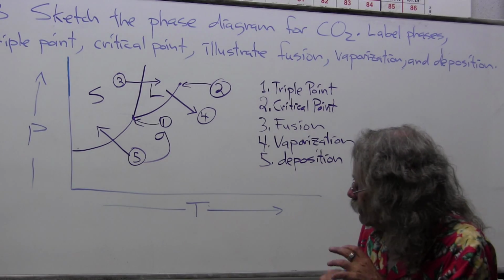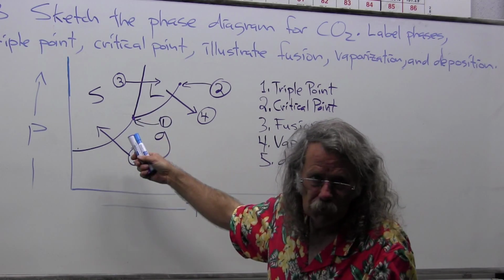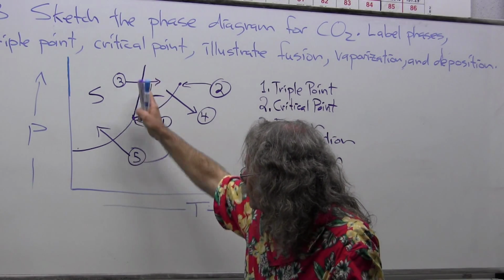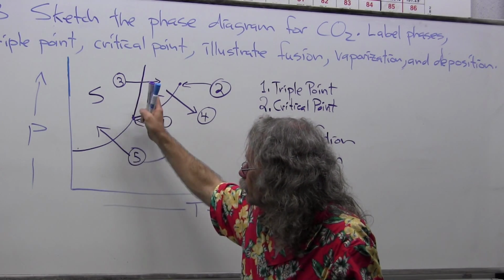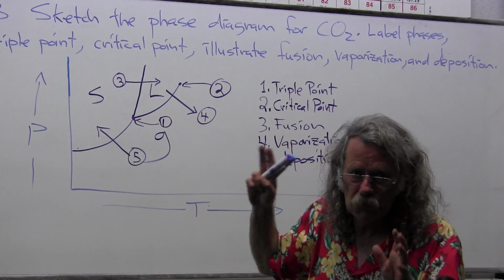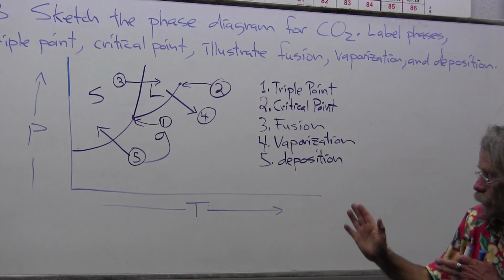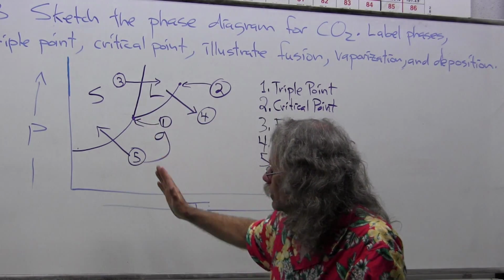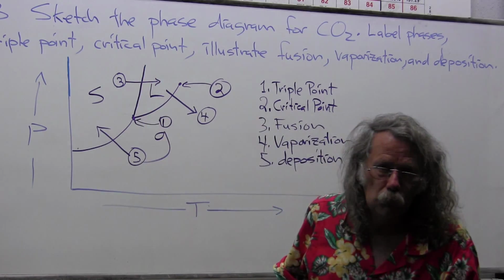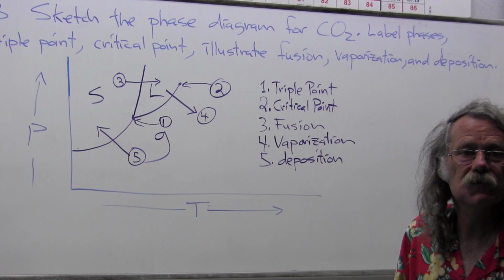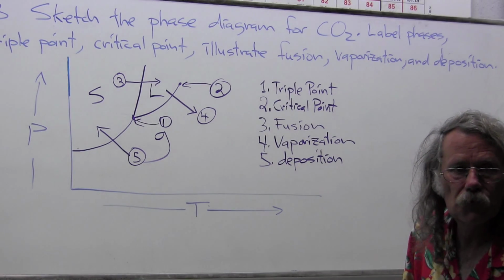So the main feature that I want you to be able to take into account, if there is a distinction, is the slope of the line between the solid and the liquid. You're going to have to make sure that it has a positive slope if it's CO2 and a negative slope if it's water, and exaggerated. This is not obviously to scale, but it carries the same features. So that's all you need to know.